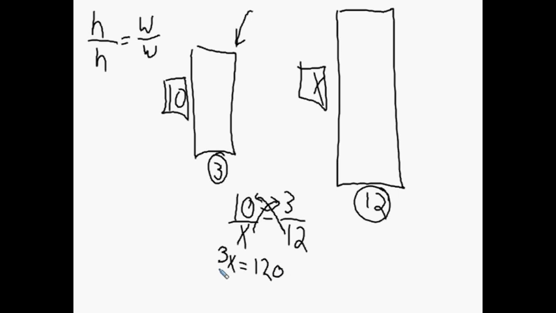Divide by 3 on both sides because I am solving for x. 120 divided by 3 is simply going to be 40. So I know my height of this figure is 40. Now I can check this. 3 times 40, and continue that way.